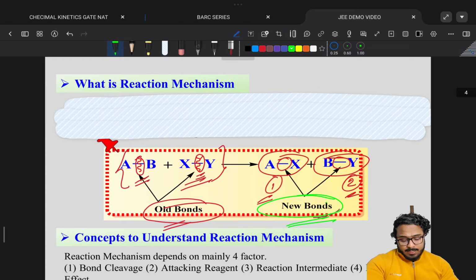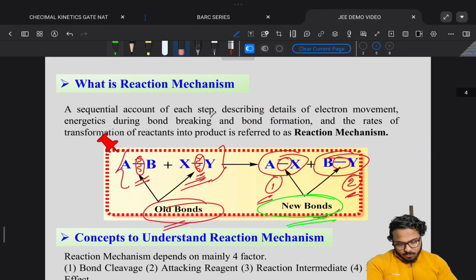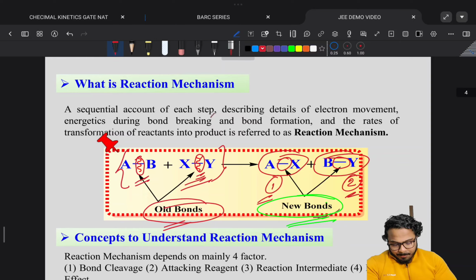Let's reveal the basic definition of reaction mechanism. I have written here: a sequential account of each step describing details of electron movement.